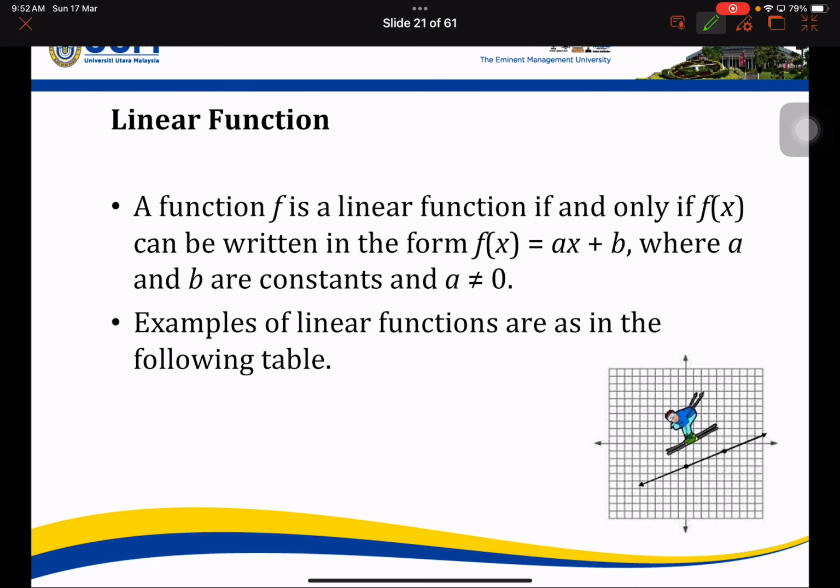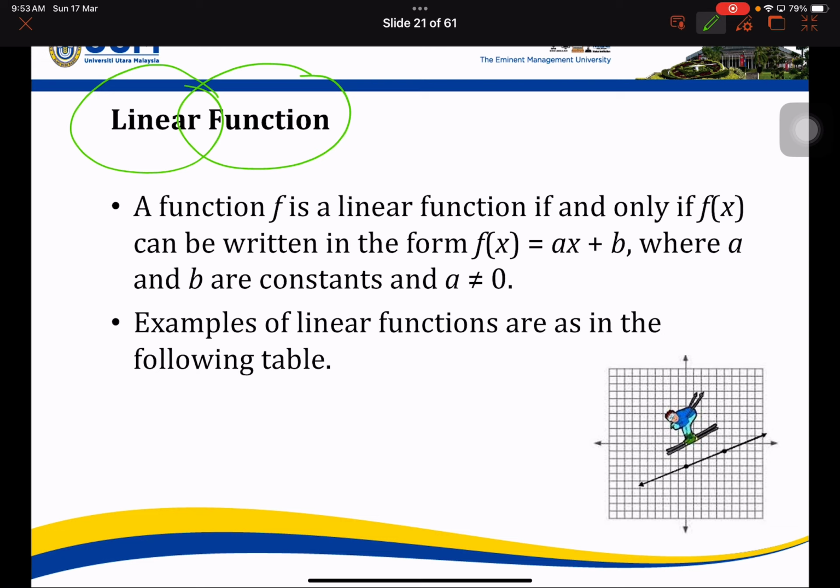Alright. Here, linear functions. So first one is functions. You know what is functions now? Yes. What is linear? What?